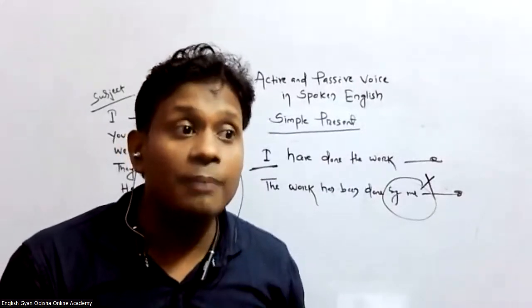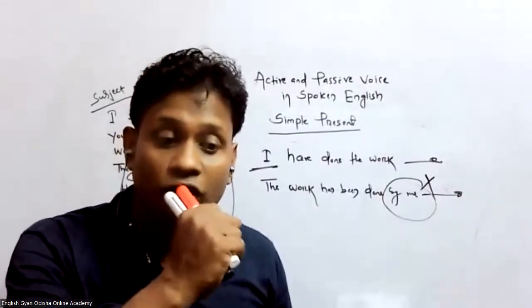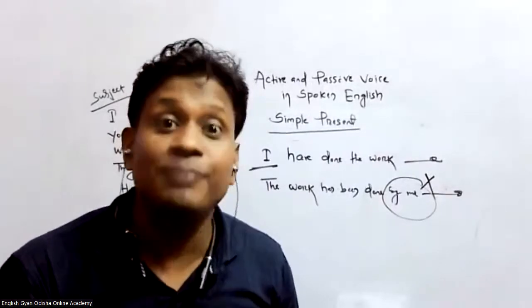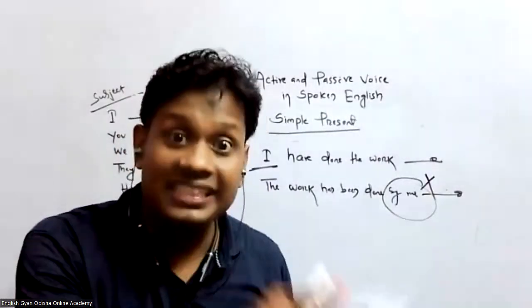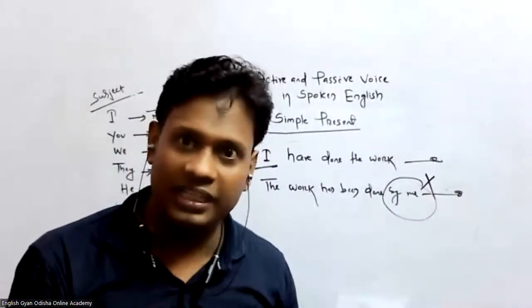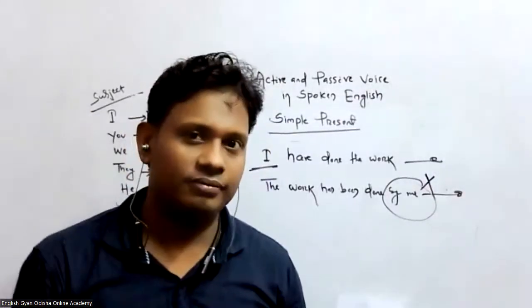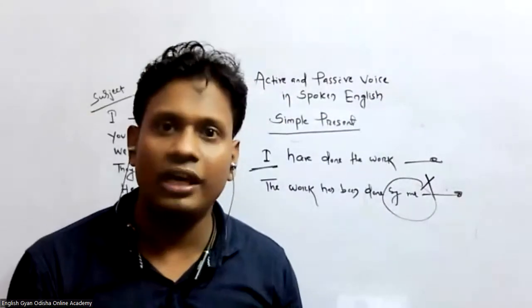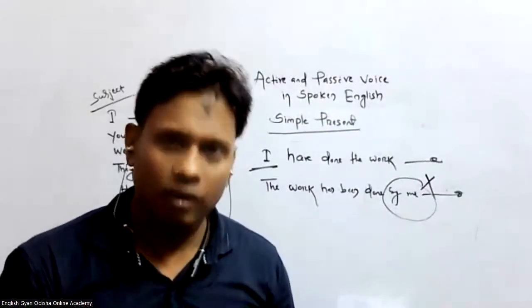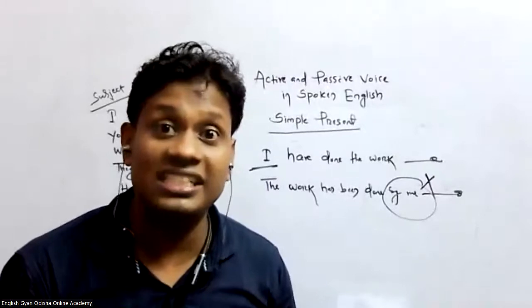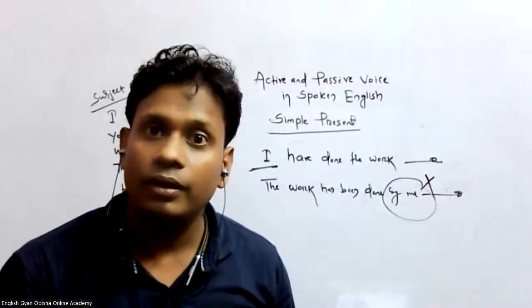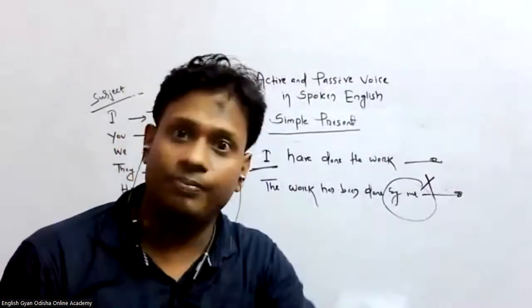When police officers say, the case is being investigated, it is passive. Who is investigating? The officer is not going to reveal. If the case is being investigated, it is present progressive and passive.